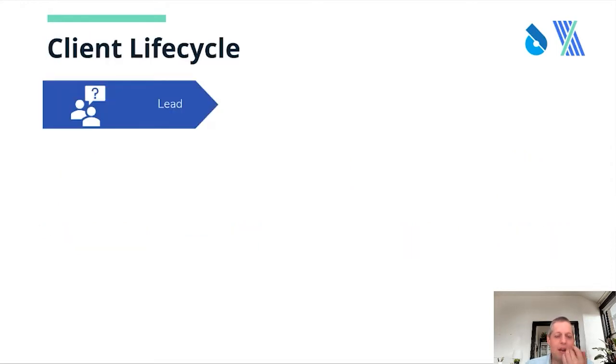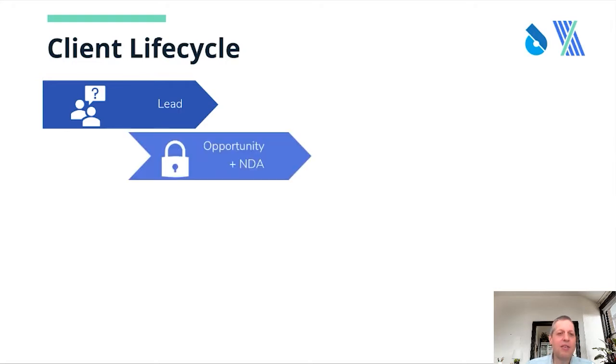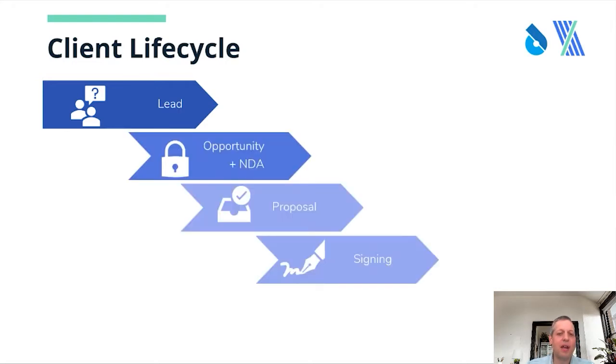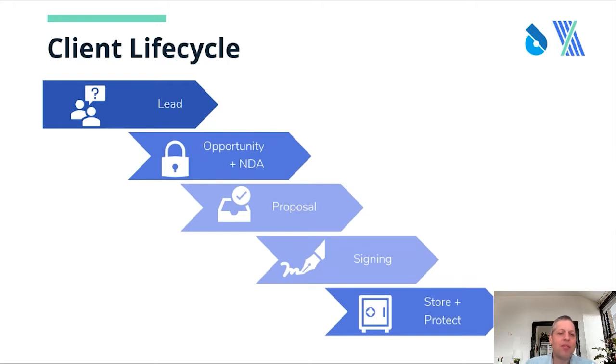So let's dive in. For the purpose of today, we're looking at a typical client lifecycle, and we're starting with a scenario where we have a lead, and that lead could be a collection of leads, maybe from a webinar such as this. We're looking at how we take that lead and nurture it through to an opportunity. With an opportunity, if we're having a sensitive conversation with a client, either they or ourselves probably want an NDA in place.